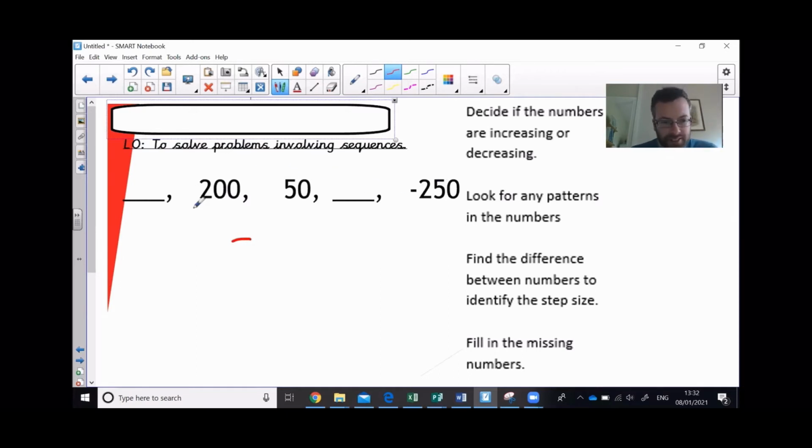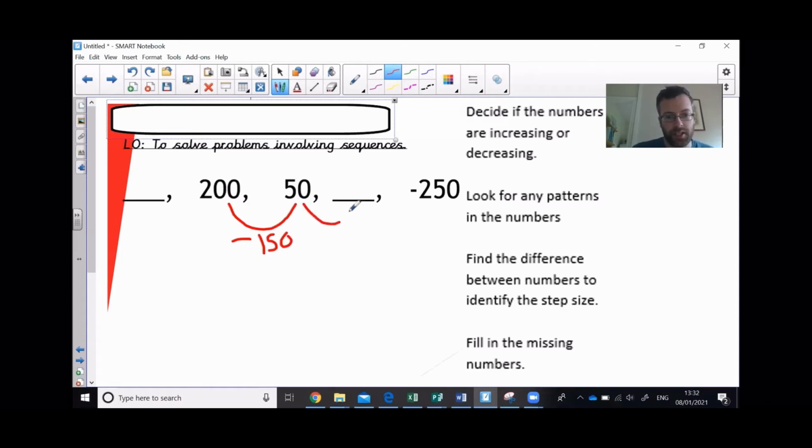Look for any patterns. Well, I end up with this 250 over here, which looks like it should be a pattern to here, but I'm going to find the difference. So to go from 200 to 50, hopefully, excuse me, you can realise that we've taken away 100 to get to 100 and then another 50 to get to 50. So I'm taking away 150.